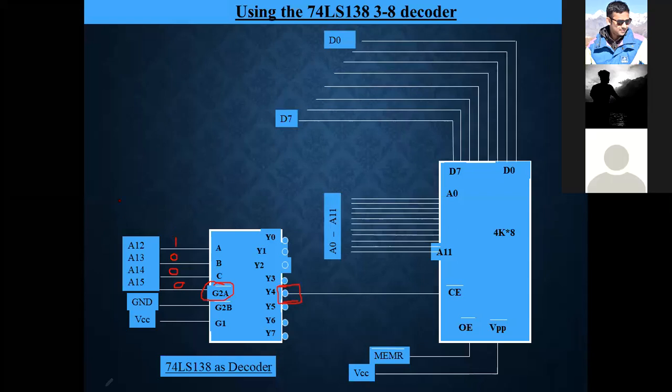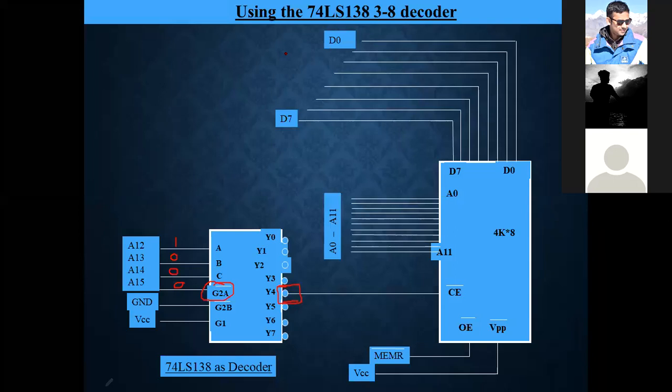So we are writing from here A15, A14, A13, 12, 11, 10, 9, 8, 7, 6, 5, 4, 3, 2, 1, 0.